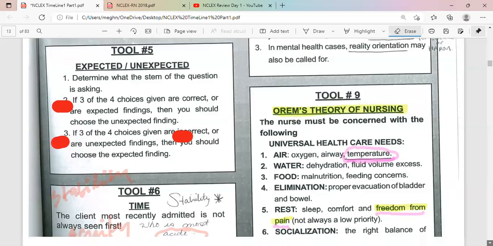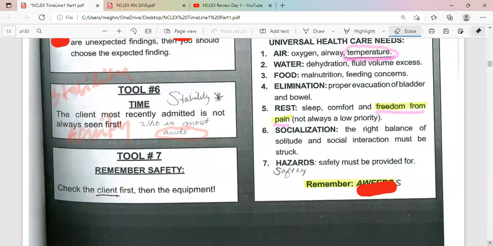So next is time management. The client most recently admitted is not always seen first. It depends on the need, the priorities, and also the ABC law or Maslow's law. Now remember safety. Safety is the first priority.